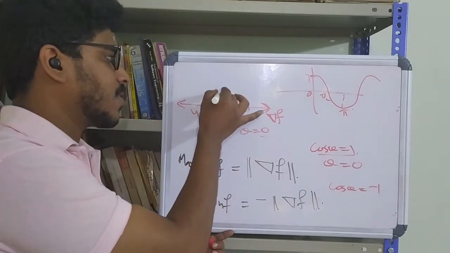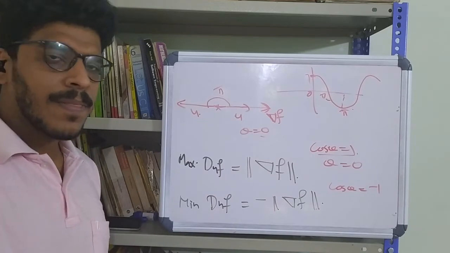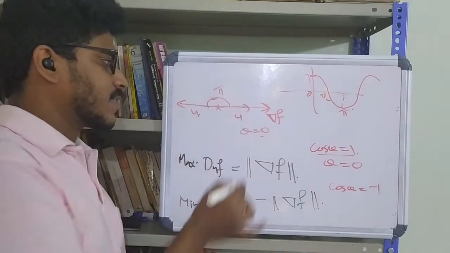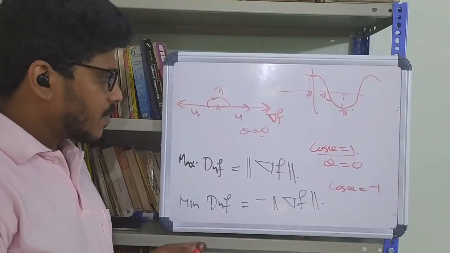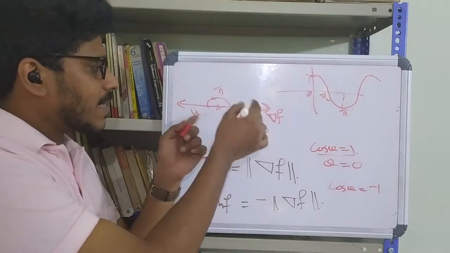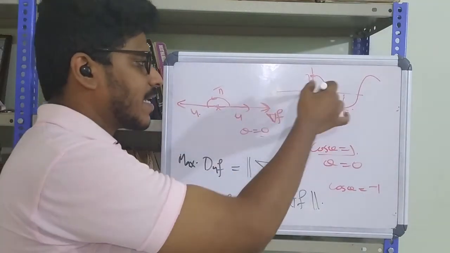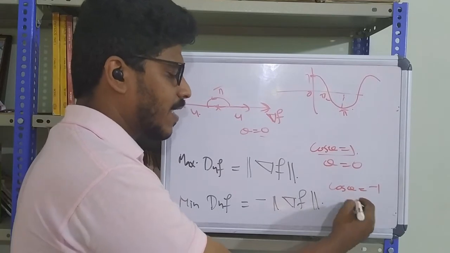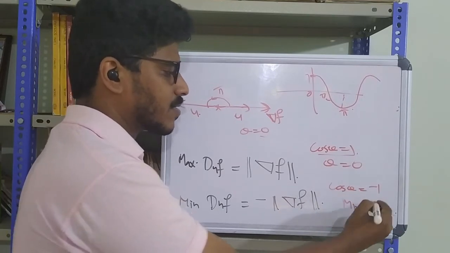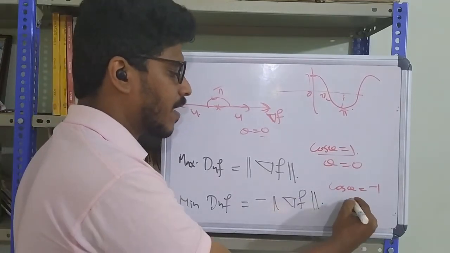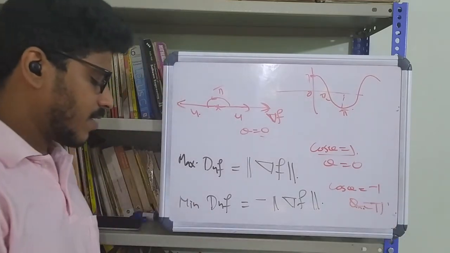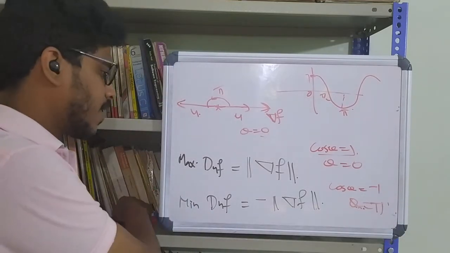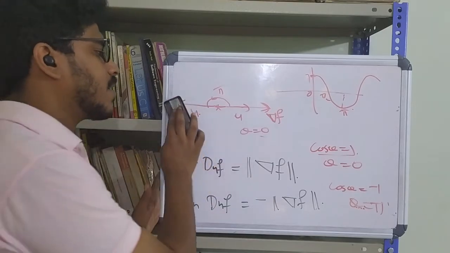This angle is 180 degrees or pi radians. Angle is measured in this direction. Okay. In the case where u and grad f are in opposite directions, theta is pi and cos theta equals minus 1, and in that case the minimum value occurs.